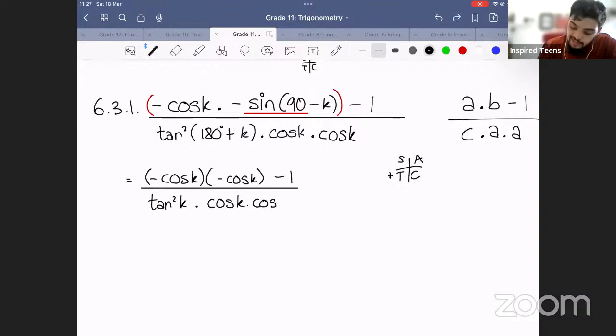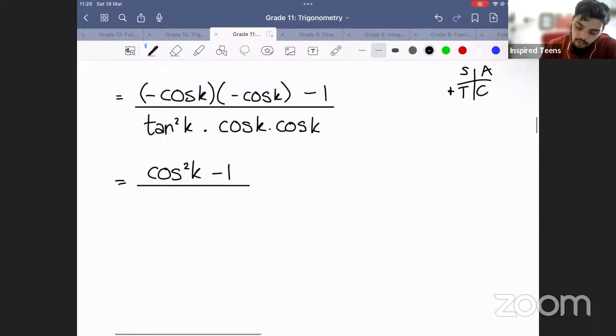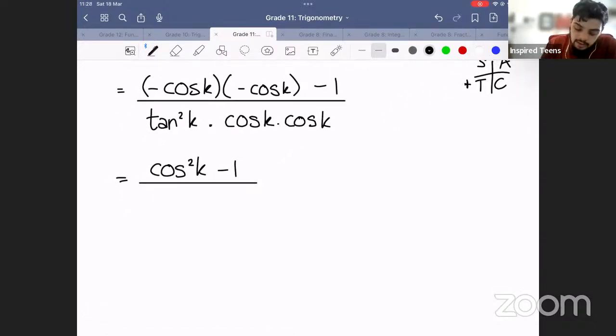Actually, we haven't done identities, so I'm not going to take it further than this. I can simplify the top two: negative cos k times negative cos k can actually be positive cos squared k, minus 1, divided by, okay, I can simplify the bottom maybe. See, tangent squared k can be written as sine squared k over cos squared k, this involves identities, multiplied by cos squared k, because I'm multiplying these two, right?